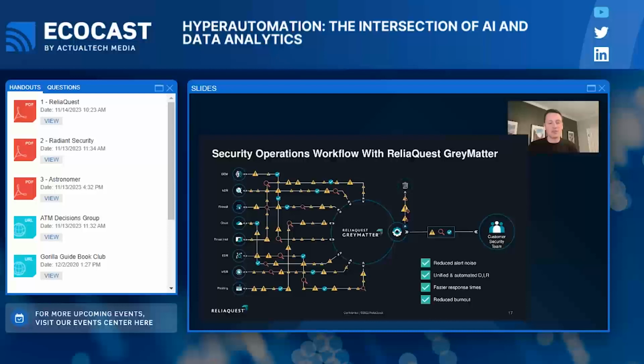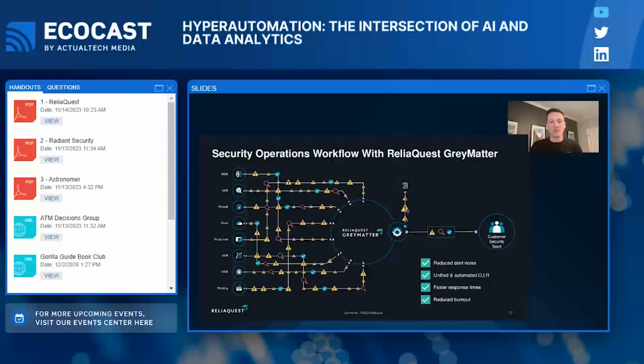Being able to leverage all that data and context effectively and efficiently really requires the use of the advanced analytics and AI models that we talked about today and provide that actionable output. As a result, we're able to reduce the alert noise that we're seeing from our customers' environments. We're able to give them only the most actionable information.